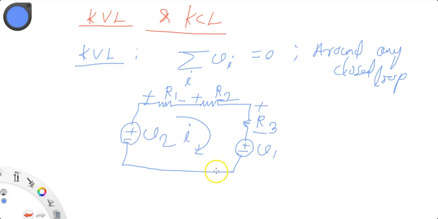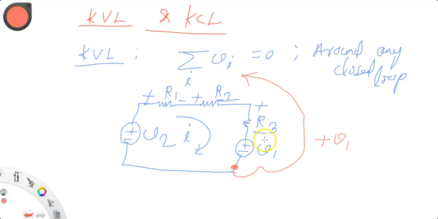Anyway, you can traverse either way. I will traverse this way, so I'll write the equations. I start from here. While traversing, I found that there is a V1. So I am traversing from the negative terminal to the positive terminal, a rise in potential, so I'll write plus V1.